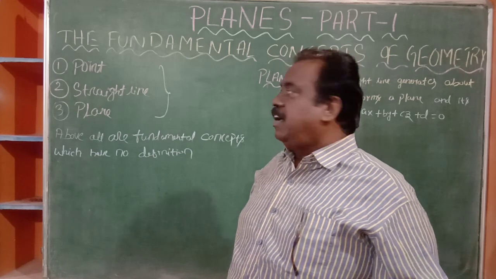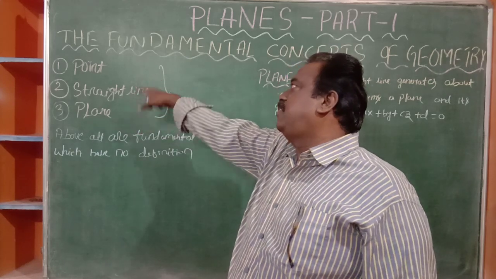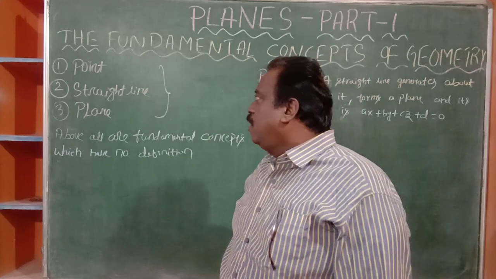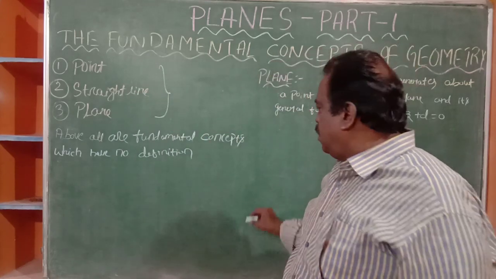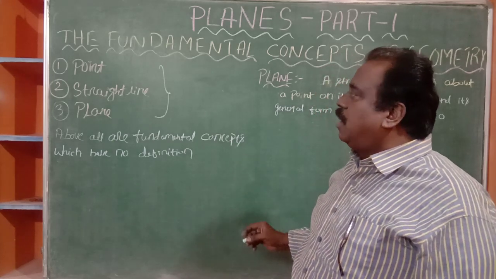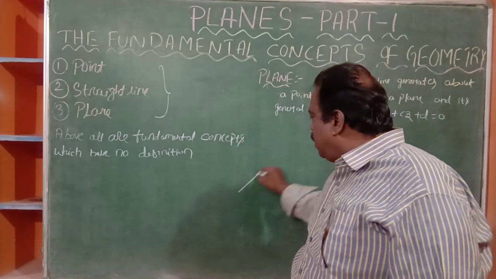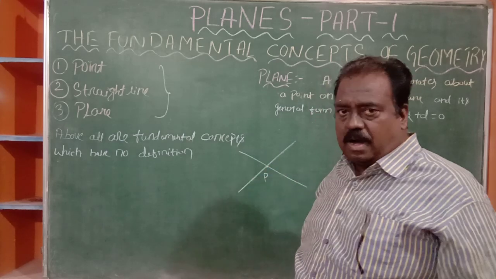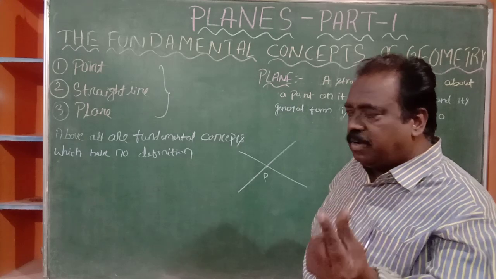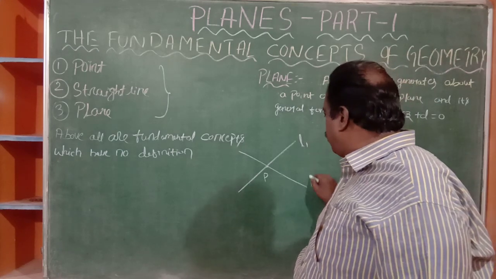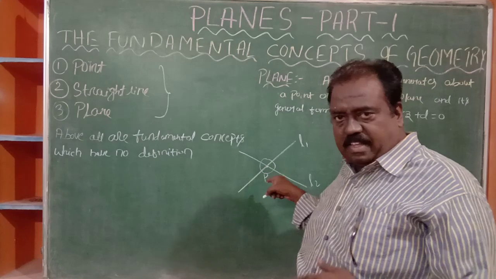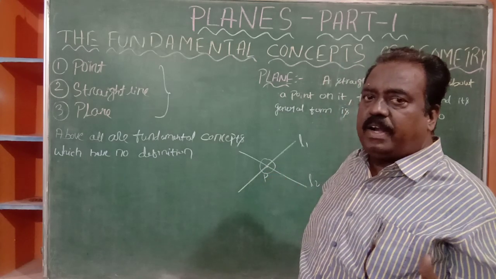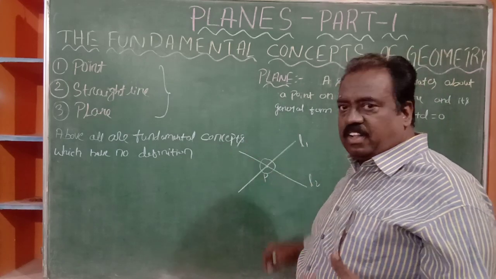Already we discussed in the first year the point and the straight line. If you want, once again we recall. If you want to define the point, it is a common spot, a common place to two straight lines. Is it not? Then it is a point. So if you define the point, we already need the straight line.